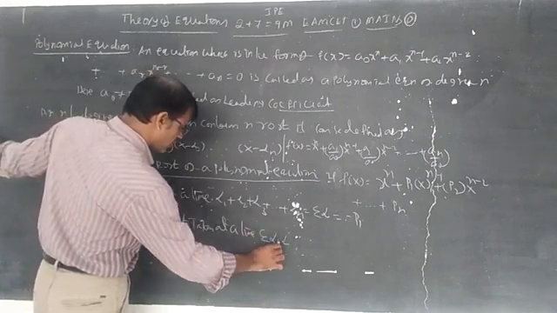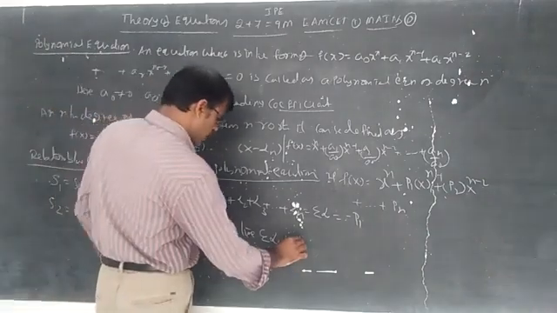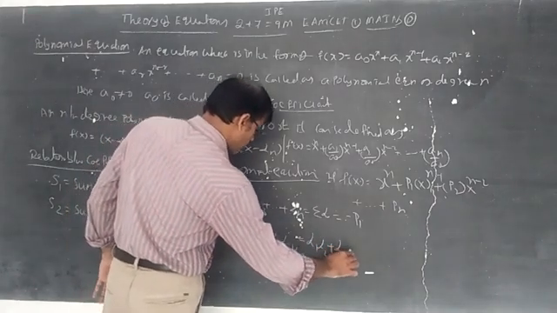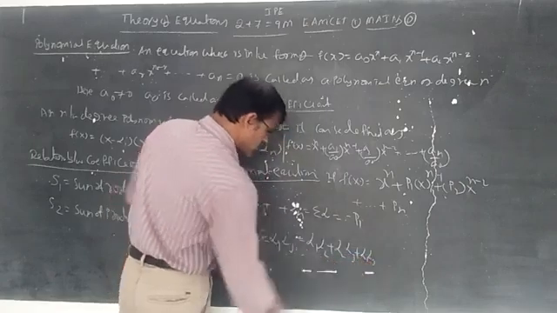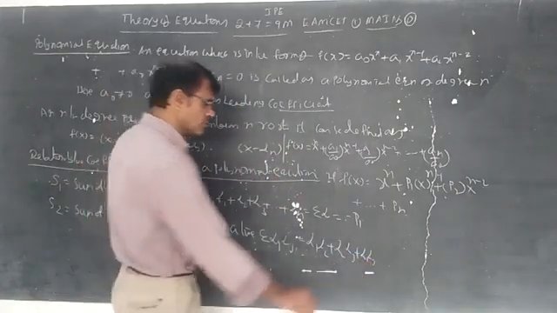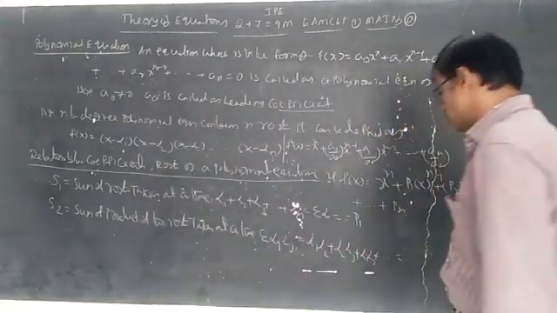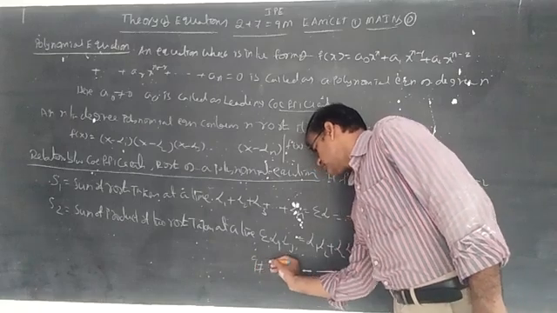So you should write alpha i alpha j, i not equal to j. That means, students, alpha 1 alpha 2 plus alpha 2 alpha 3 plus alpha 1 alpha 3, like that alpha 1 alpha 4, and so on. That is equal to the sum of alpha i alpha j, i not equal to j.